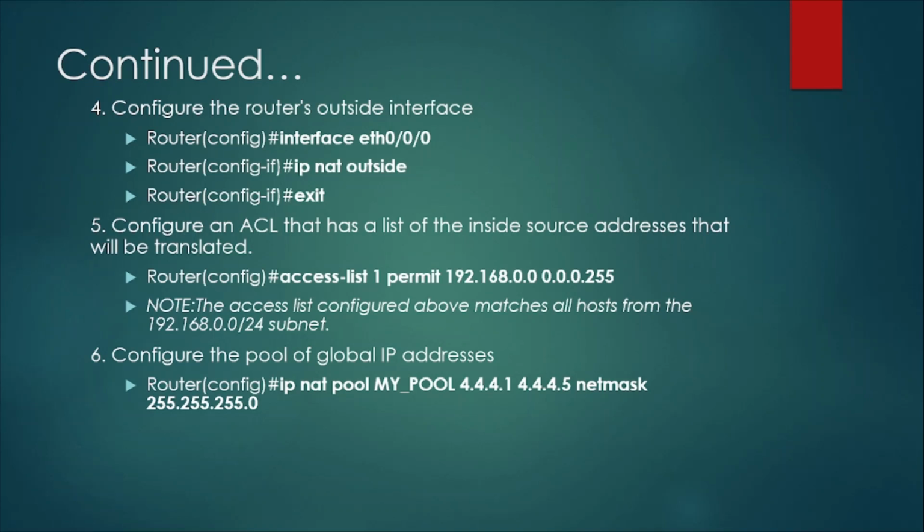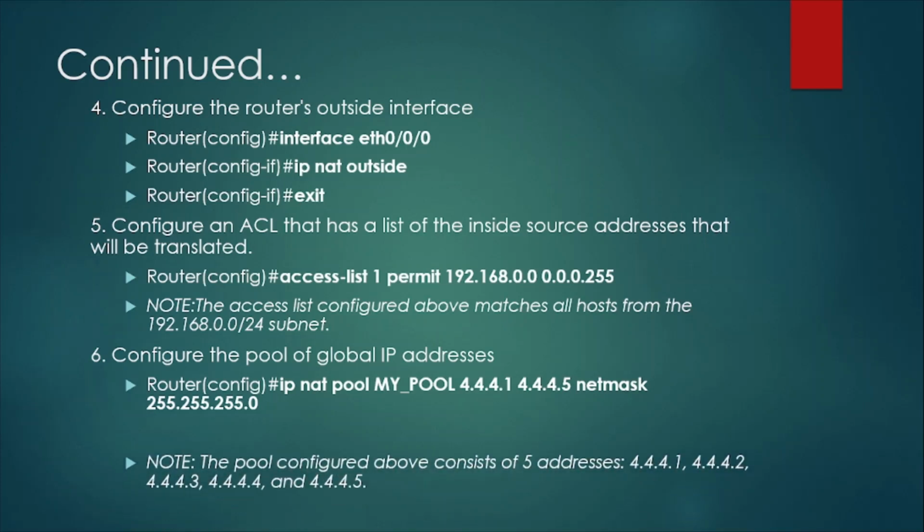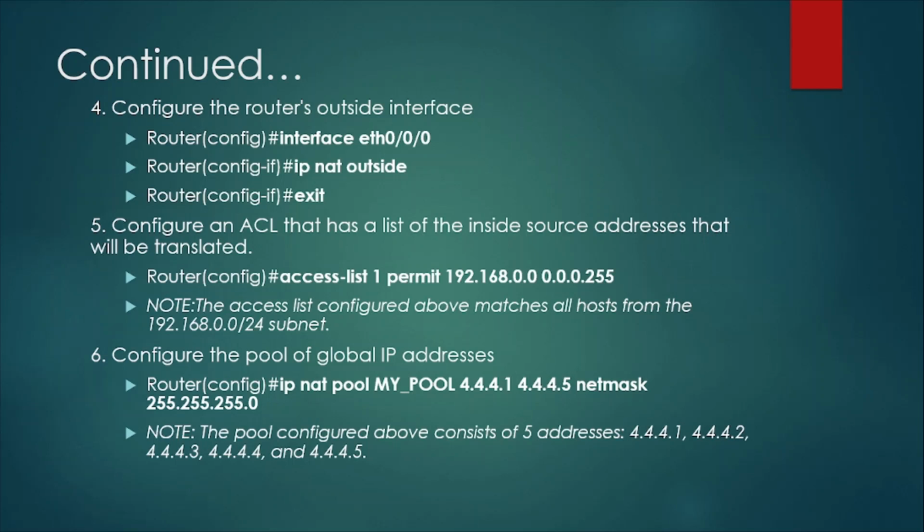We have to put the range as the first IP address to the last IP address. And the pool configuration above consists of 5 addresses because it's written between the 1 and 5, as it is listed 1, 2, 3, 4 and 5.